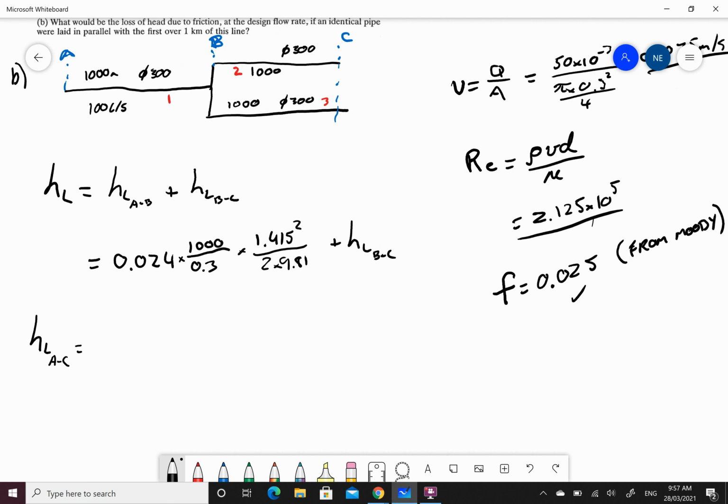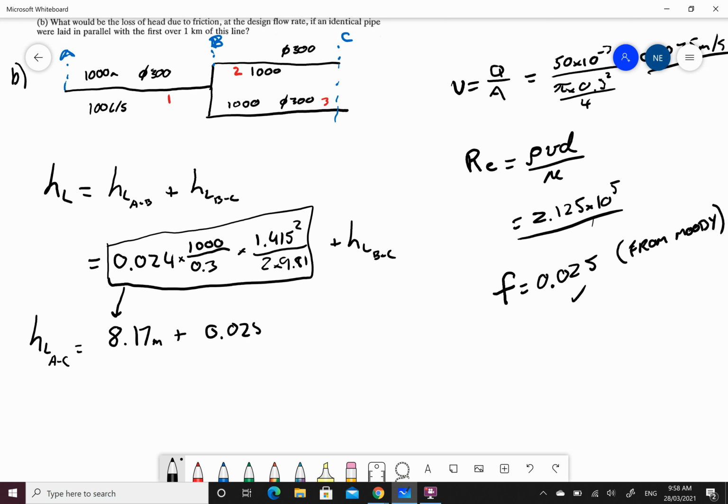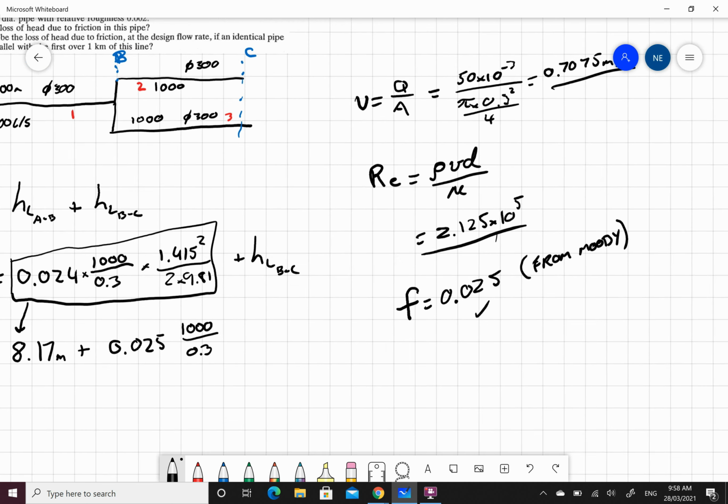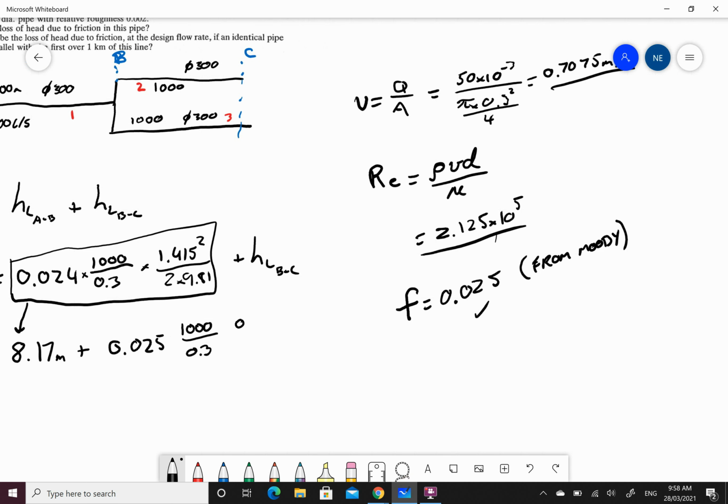We can just calculate this here, which is going to be a bit quicker: 8.17 meters, that is this chunk in here, plus this head loss, 0.025, L which is 1,000, all over diameter, velocity is halved, 0.7075.